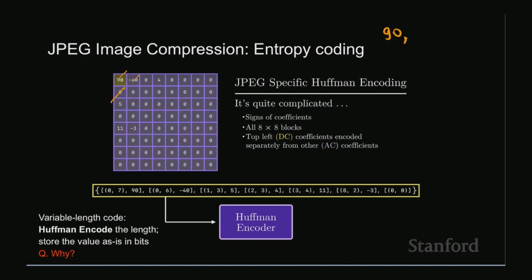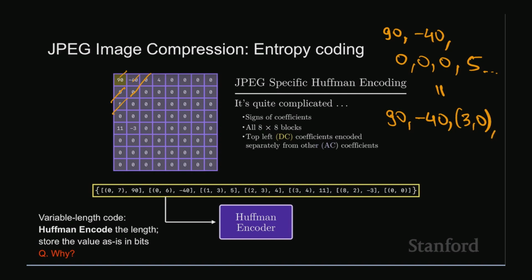Then it's followed by minus 40. Then I see a 0. Right? And then I see 2 more zeros, then I see 5. So I see this, and so on and so forth. But I can actually write it as 90, minus 40, and then I can say, oh, I had 3 zeros. And then I had 5, and so on and so forth. I don't really need to care for the zeros like this. So this is the vanilla run length encoding idea.